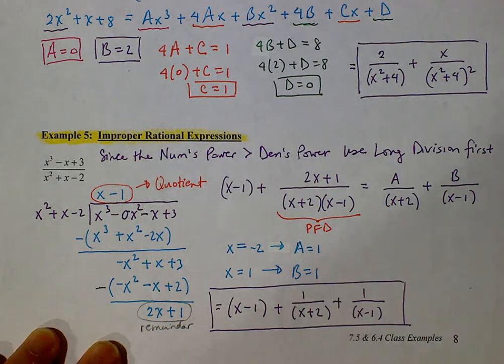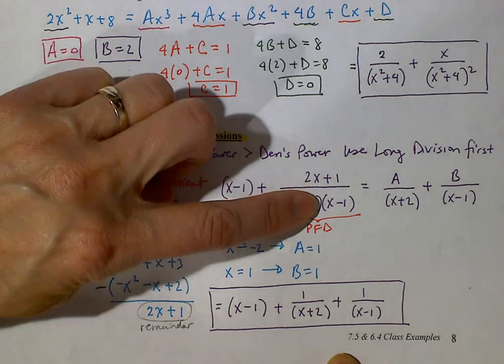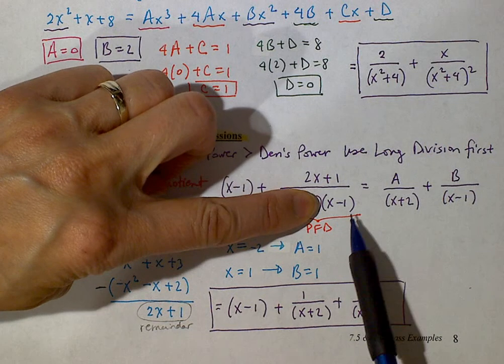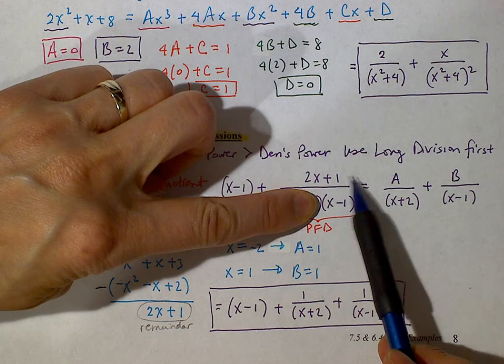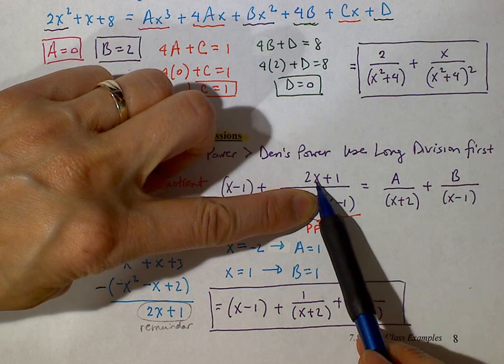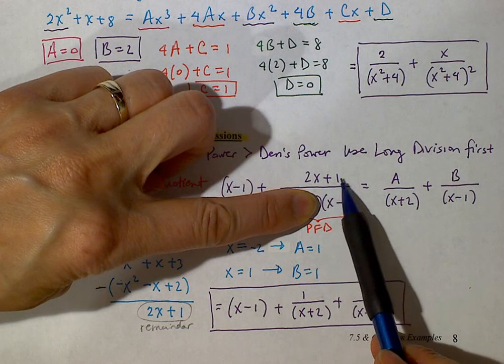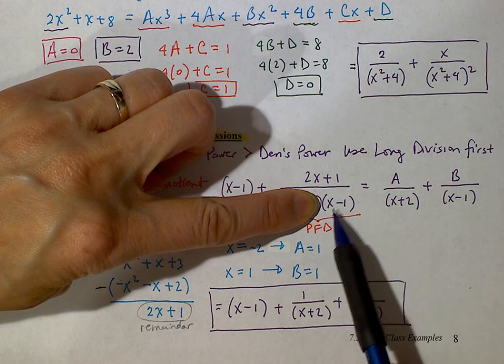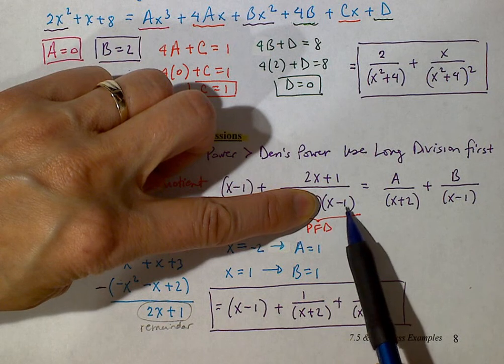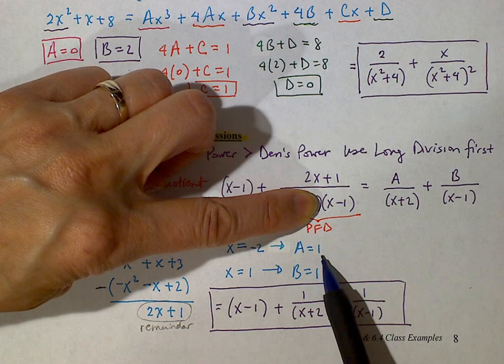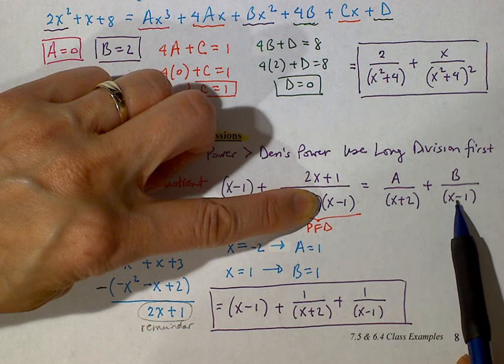So when x is equal to negative 2, then I'll cover up this one here, so that gives me negative 4 plus 1, and then I have over negative 2 minus 1, so a is equal to 1.